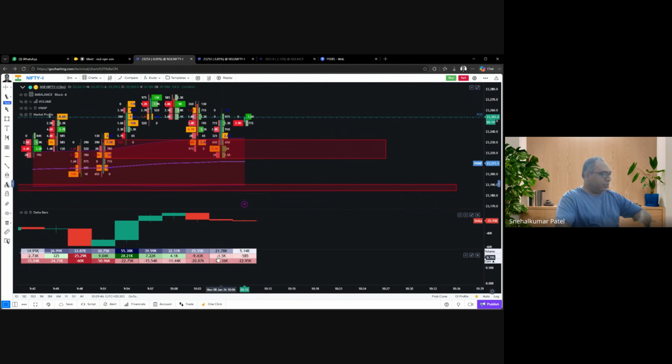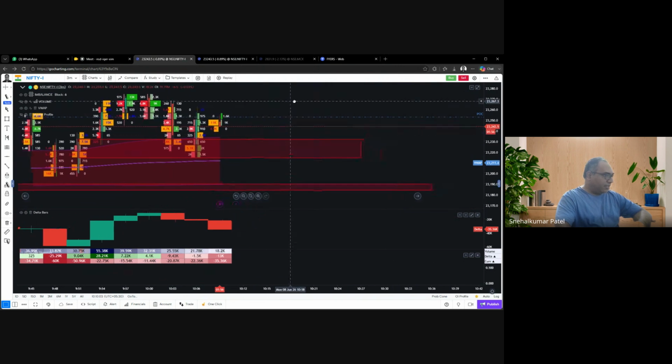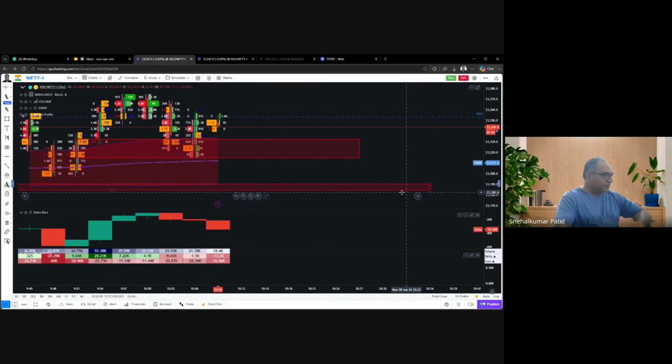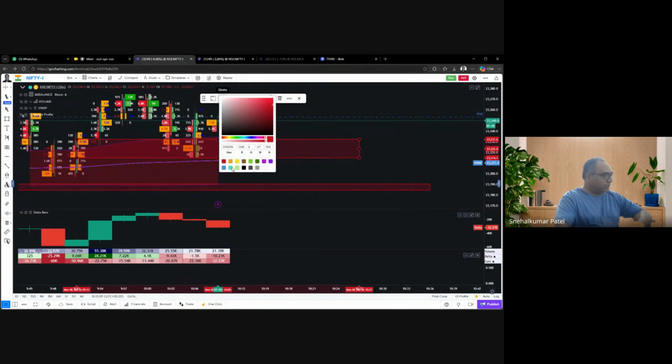In this candle also, though the candle closed in green, there was good volume on the buy side as well as sell side, and sell side dominated, but the candle closed in green. This should be clean.